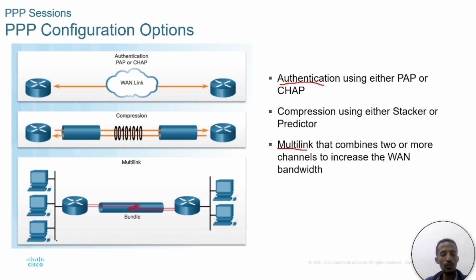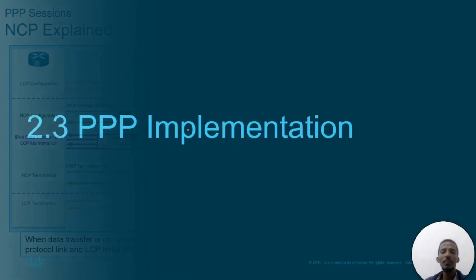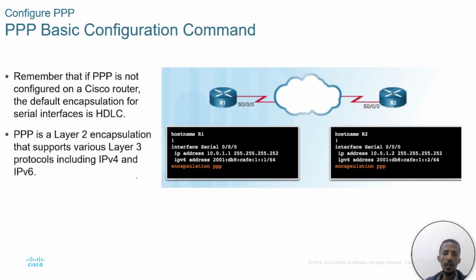So combining two or more channels, and compression and authentication can be supported by whom? By PPP. So PPP will have all these advantages. So what have we said? It can compress, it can detect errors, it can call back. So all these are the advantages of PPP.